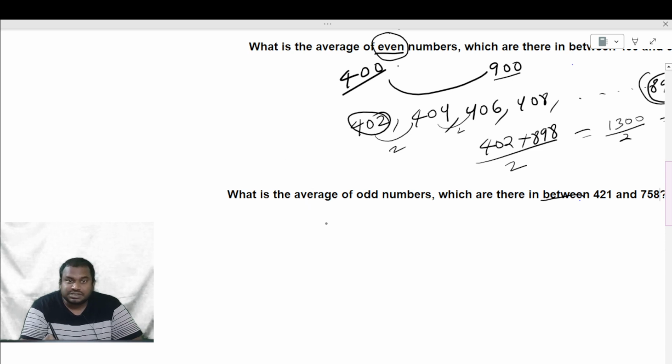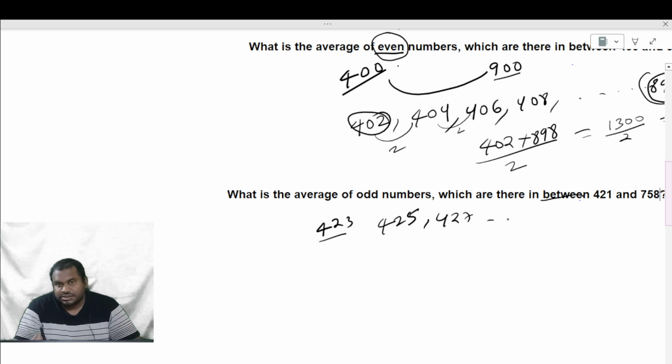So what is the first odd number which comes after 421? That is 423. Please don't ask me what an odd number and an even number is, I hope you know it. So 423 is the first odd number and 425 is the next, then 427, like that.